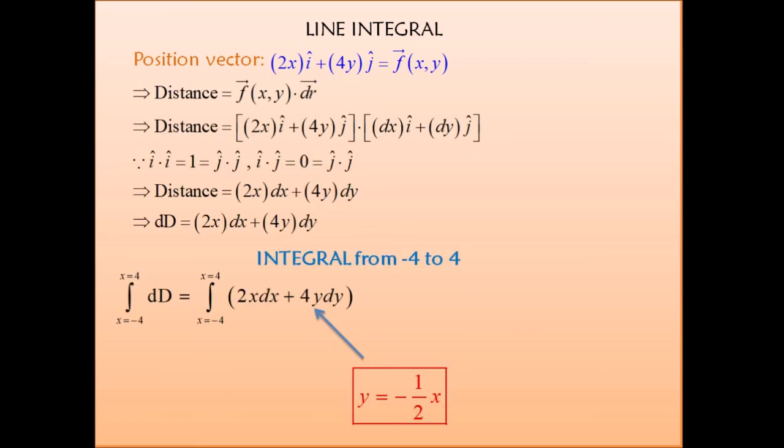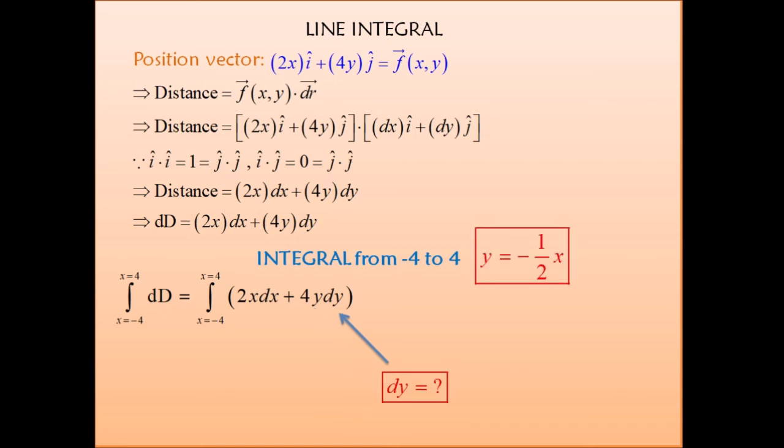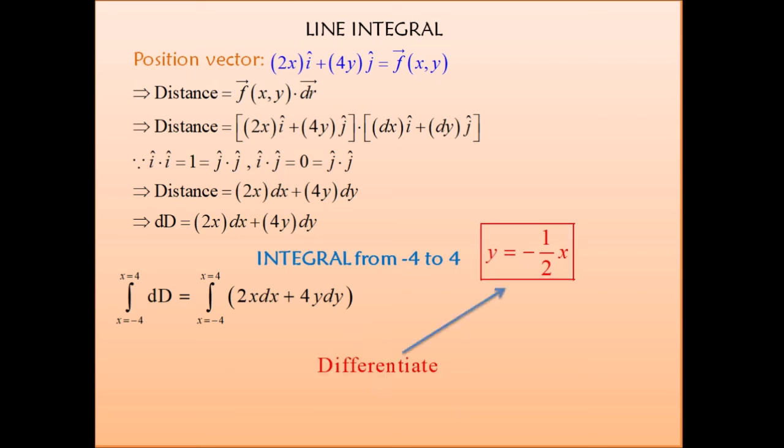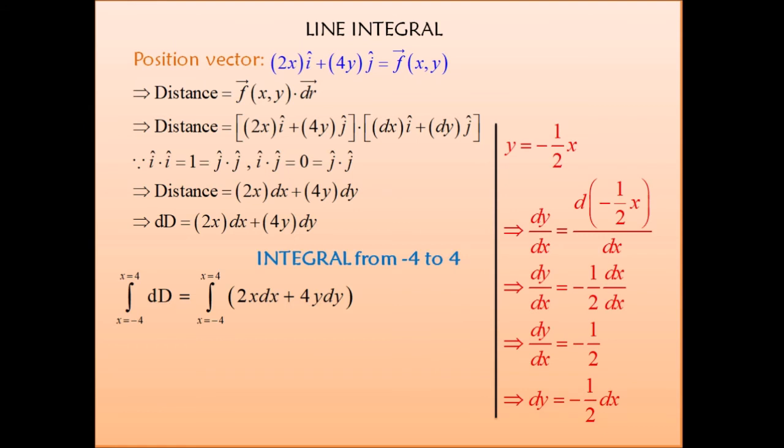Now you will think about what we are going to write in place of this dy. For that we will use differentiation, and we will differentiate y equals minus half of x. You can pause the video and check the differentiation here.